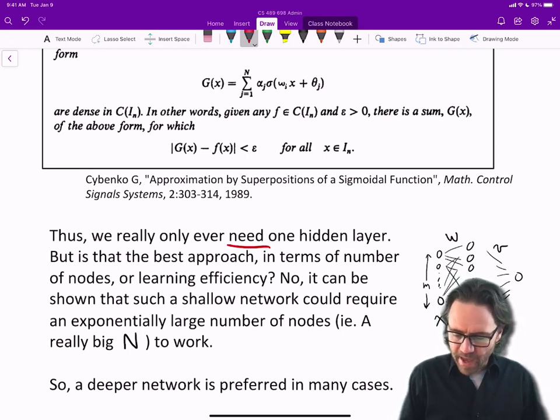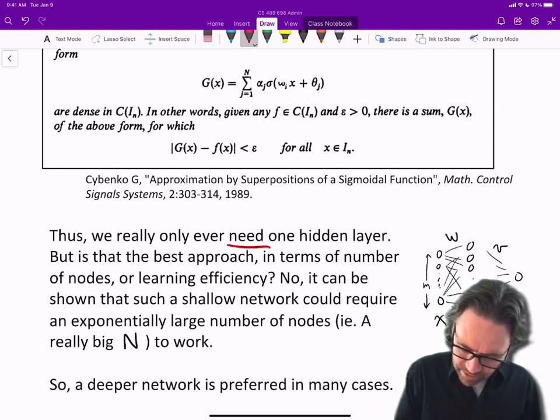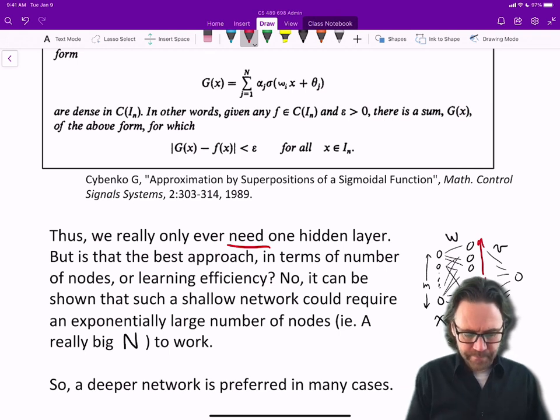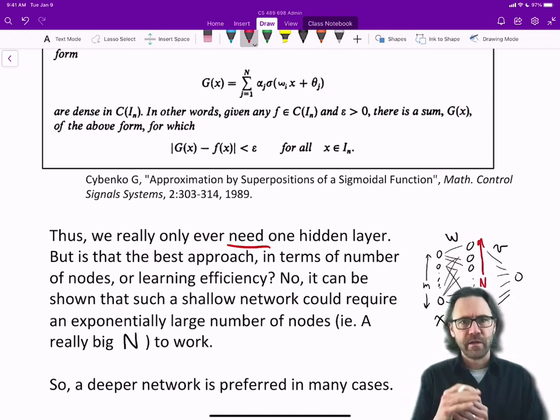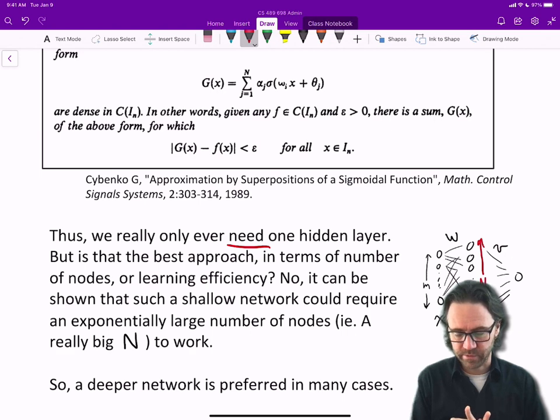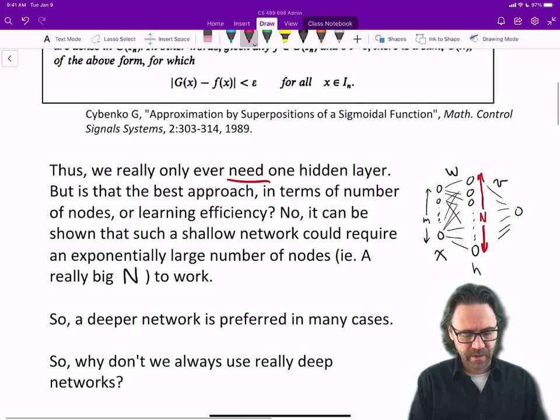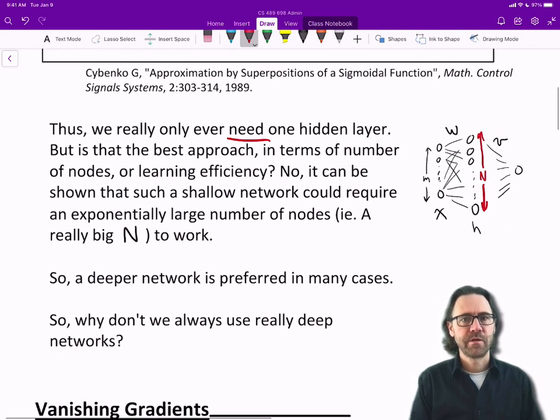So if the number of nodes we have in our hidden layer is n, then it can be shown that such a neural network with a single hidden layer might require an exponentially large number of hidden nodes. So a deeper network is sometimes preferred.